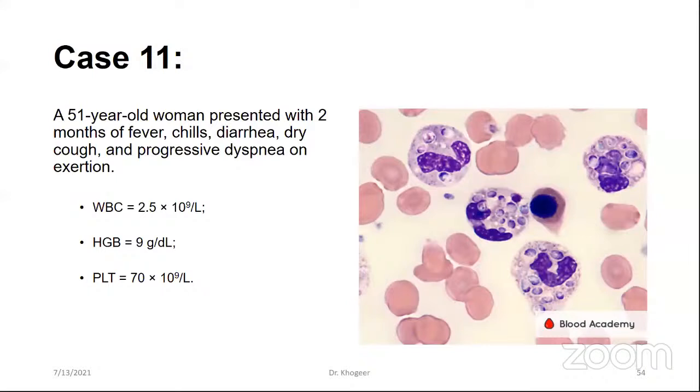The computer can recognize these cells by being given millions of pictures of different variants and shapes of the cells, and it starts to memorize these morphologies and identify the cells. It's very advanced technology, and some centers in the US and Korea have started using artificial intelligence in the lab, and hopefully one day we can use it in our laboratory too.